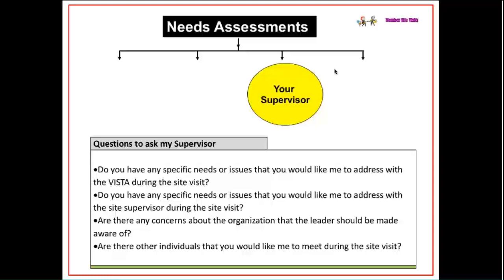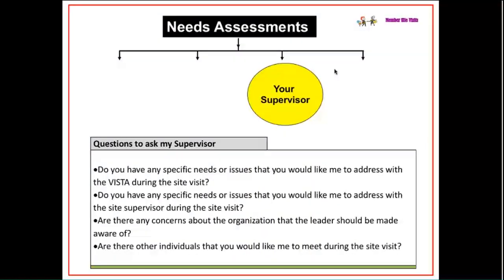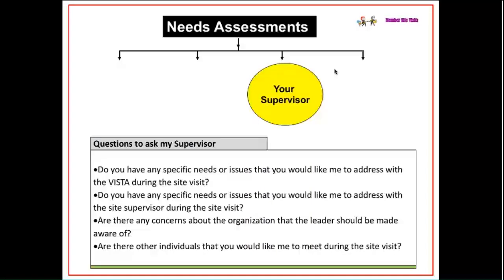Then if that member is working at two different schools, maybe one of the expectations is that you also meet with the principal or the coordinator from each school. Then if it is relevant, we need to think about what questions in advance we may want to ask those individuals that we will be visiting with, okay?